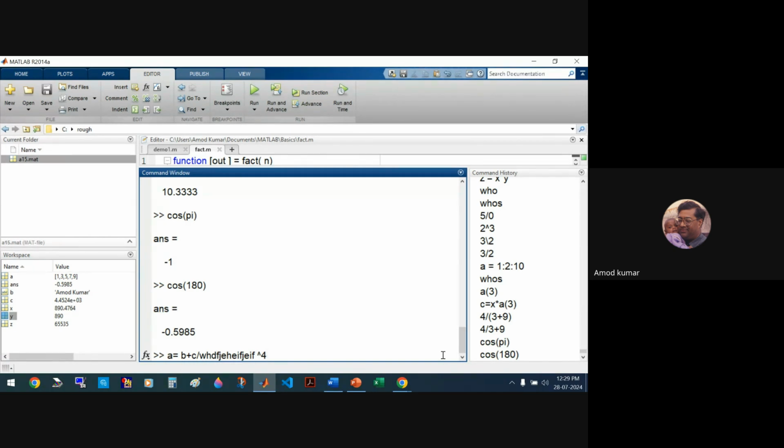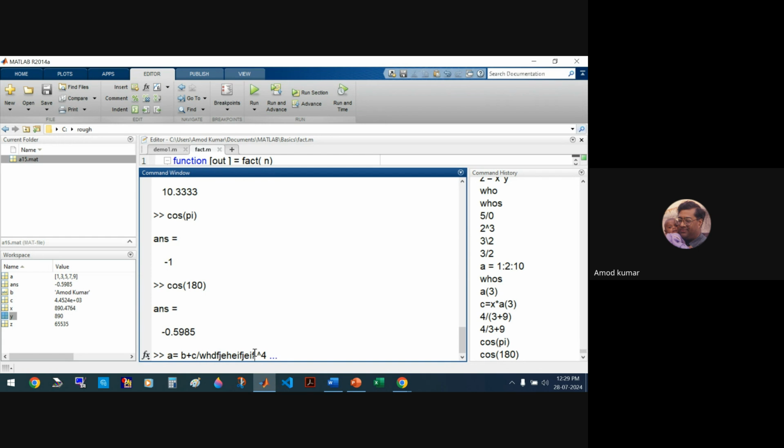The second line is remaining. So in that case, what will you do? At the end of the command, you press 3 dots. I'll show you.